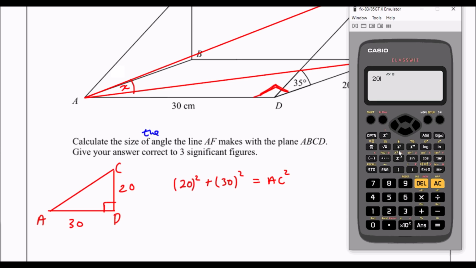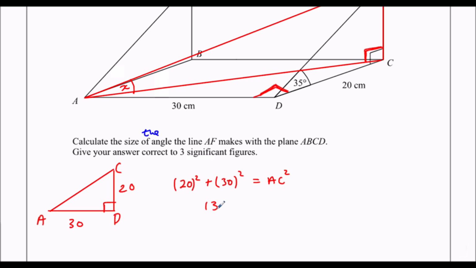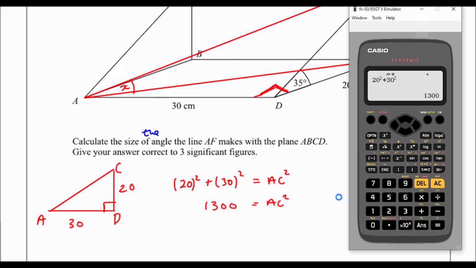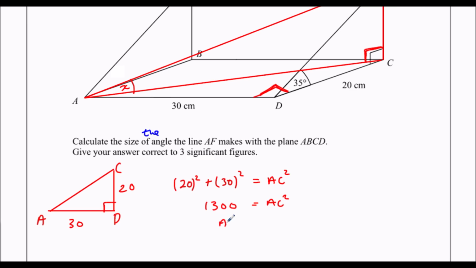So 20 squared plus 30 squared is 1,300. So AC is going to be the square root of 1,300, which will put us 10 root 13 centimeters.